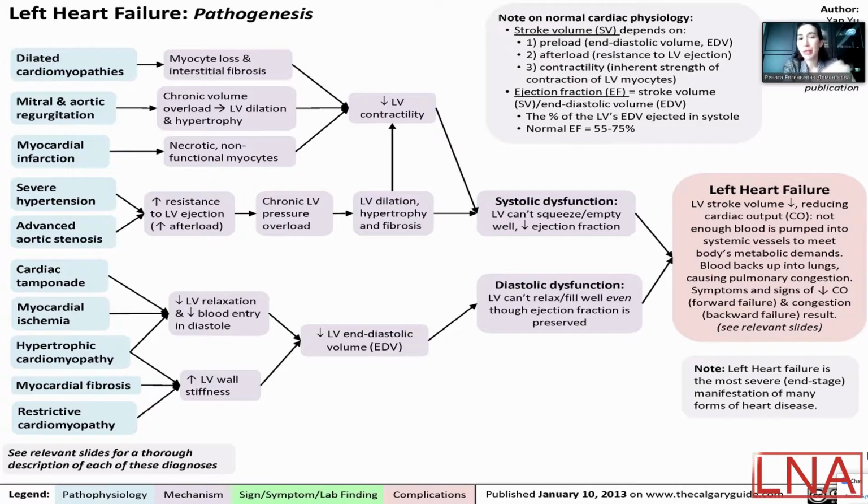It will already be a moment of increased preload for the heart, leading to diastolic dysfunction. The left ventricle can't relax, even though ejection fraction is preserved, and again the same scenarios, with all signs of left-sided heart failure.